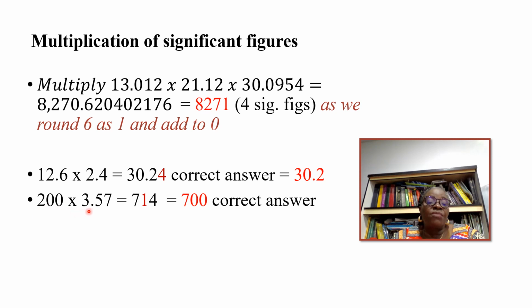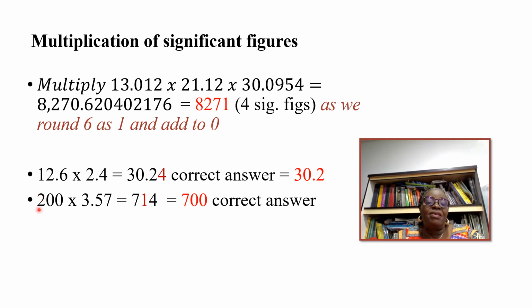200 times 3.57. You must always find out which has the least significant figures. Remember, we said that zeros on the right are not significant, except they are placed in notation. So in this value 200, that's only one significant figure. And 3.57 has 3 significant figures and 2 places of decimal. Since this is having one significant figure, your answer will appear to a position of one significant figure.